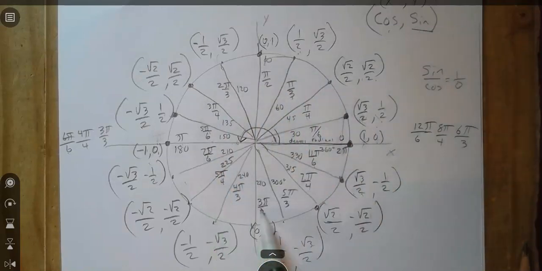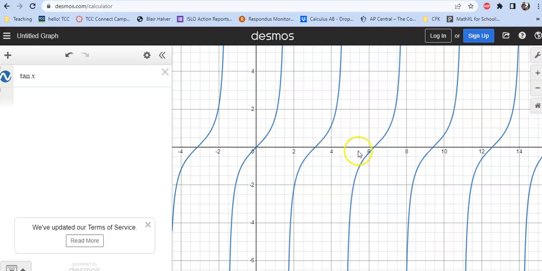I come down here to 3 pi over 2, my cosine is 0, it's also undefined. So then we look at our function here. When we're at 0, it's 0. And then we come to pi over 2, it becomes undefined right here, and it goes to a really high number. And then it starts out at a really low number, comes back up to 0.